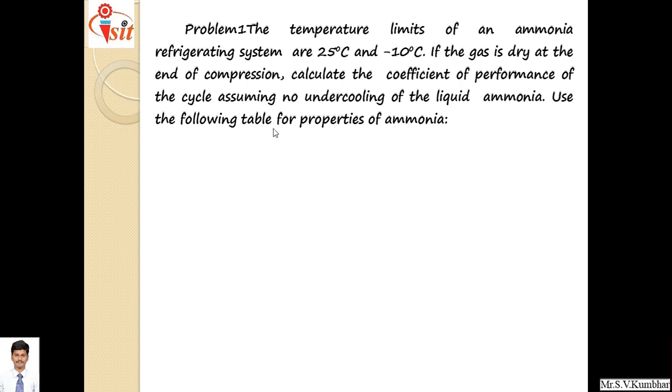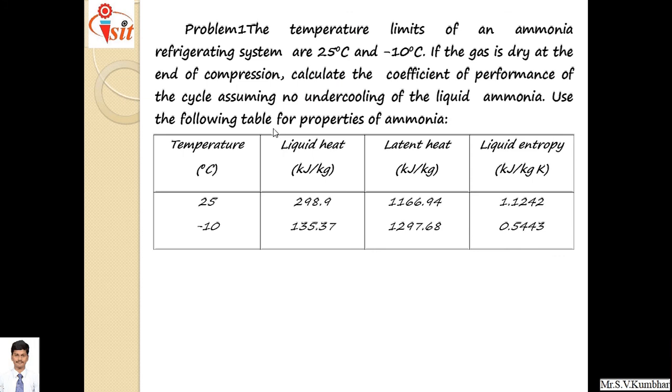Now it's time to solve a numerical. A problem is given that the temperature limits of an ammonia refrigeration system are 25 degrees centigrade and minus 10 degrees centigrade. If the gas is dry at the end of compression, calculate the coefficient of performance of the cycle assuming no undercooling of the liquid ammonia. Use the following properties, and a table is given.